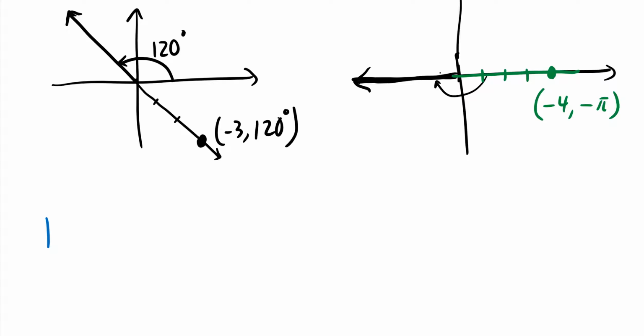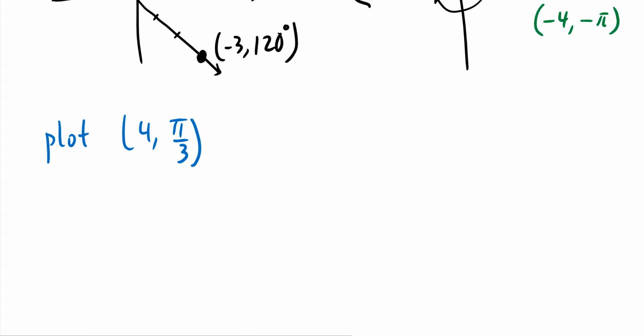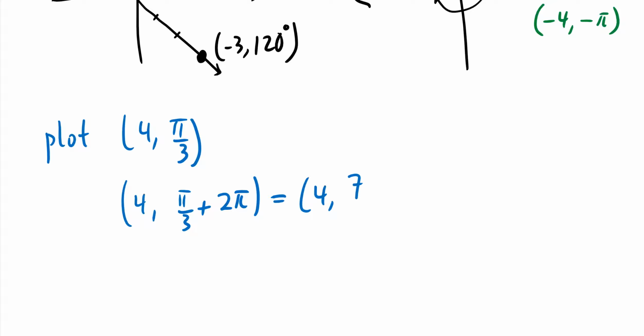What if we're asked to plot 4 comma pi over 3? And then I'm going to add 2 pi to it. So that would be 4 comma 7 pi over 3. And I'm going to look at the case when I subtract 2 pi from it.